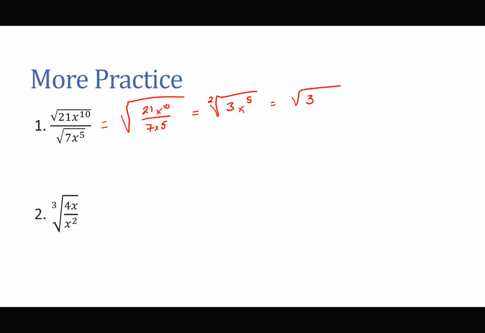I can't write that as a perfect square, but I could write x squared, x. And so I have two x's that I'll pull out. So that's x squared times the square root of 3x. So this one, I started with a radical in the denominator. I didn't even have to rationalize this denominator. I still got to the correct answer.